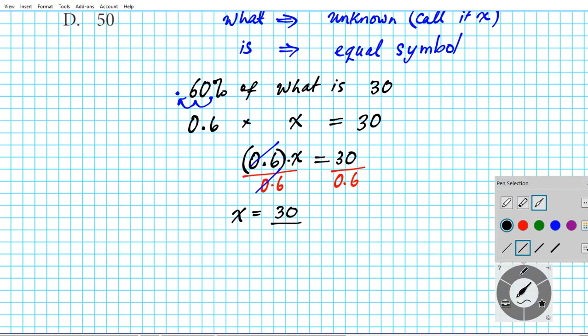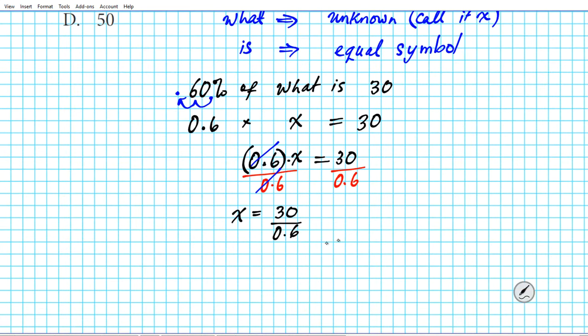divided by 0.6. Now if you had your calculator, you could just simply compute this, but we do not have that luxury for problems like this. So how do we compute this? If 0.6 were a number and not a decimal, then it would be easy to determine this quotient. So the question is, how can we convert the denominator into a whole number? Okay, into a non-decimal.